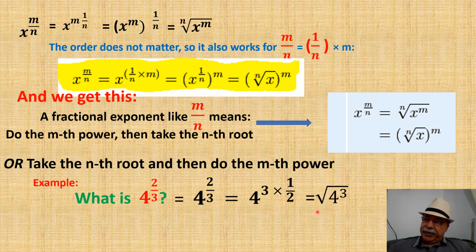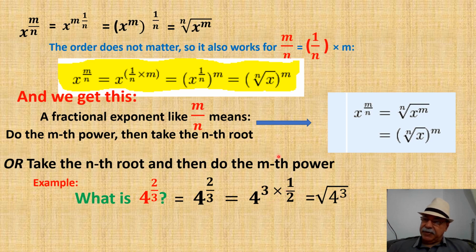And here we get a square root, because this one has a square root. If it is a cube root, if it is a fourth root, that's why I get 4 over 3, because 3 is the power.